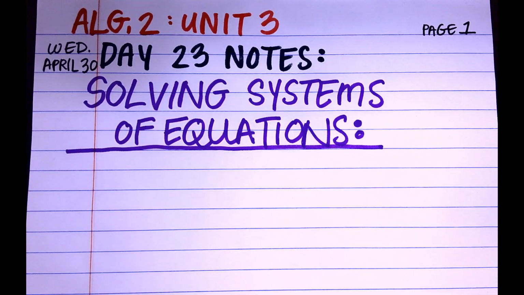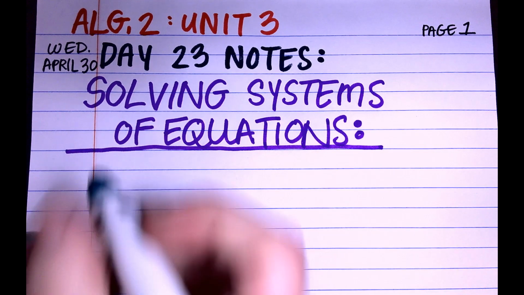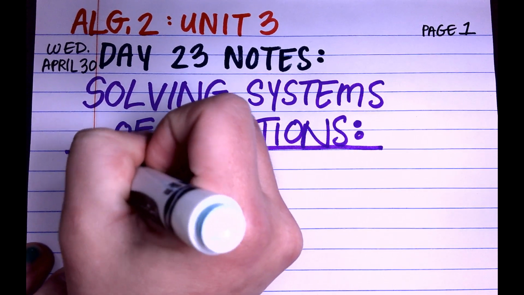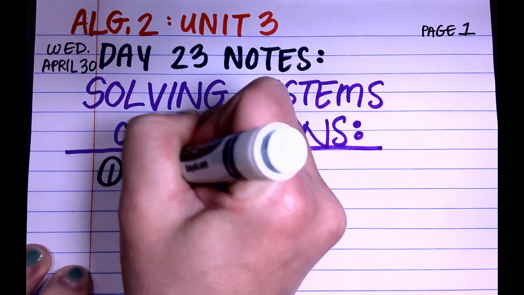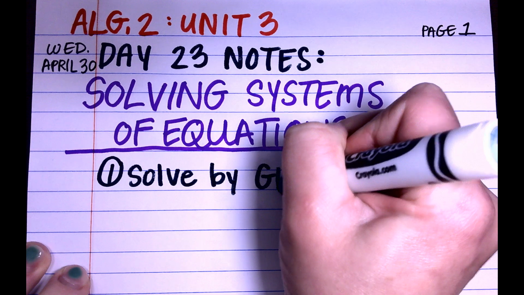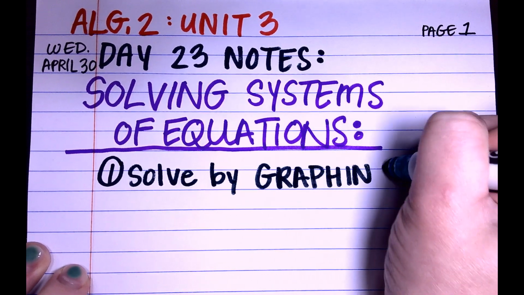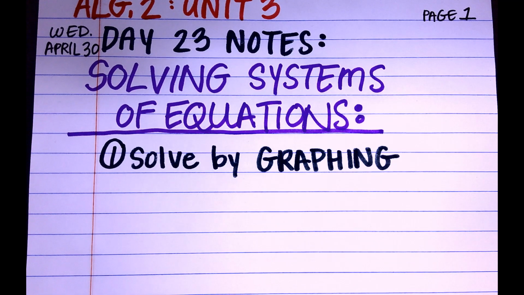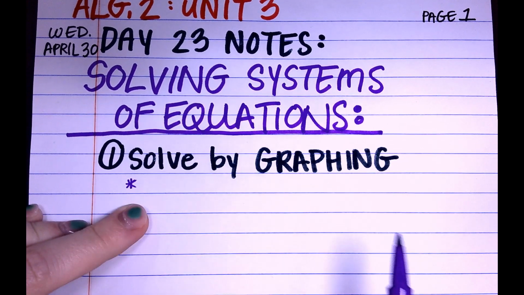Okay, so the first method that we learned about is solving them by graphing. So I'm just going to write that as our first method: solve by graphing. And underneath that, I'll just put a little description as a reminder. We graph both equations.